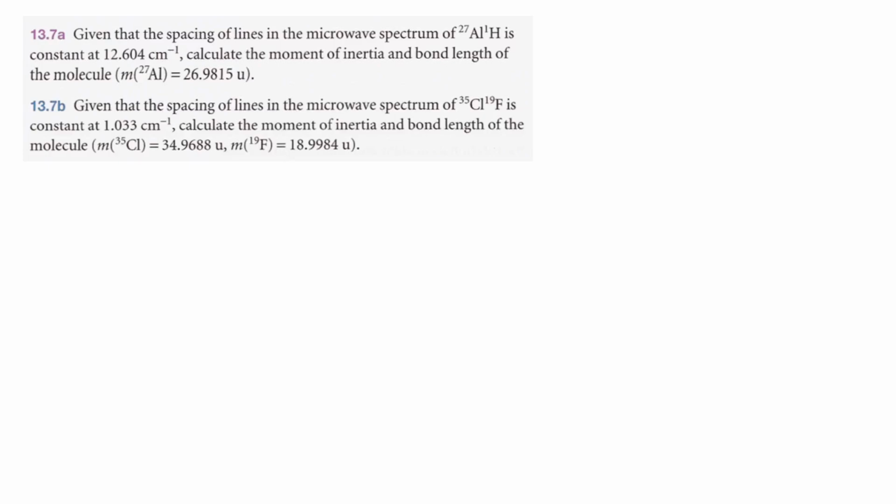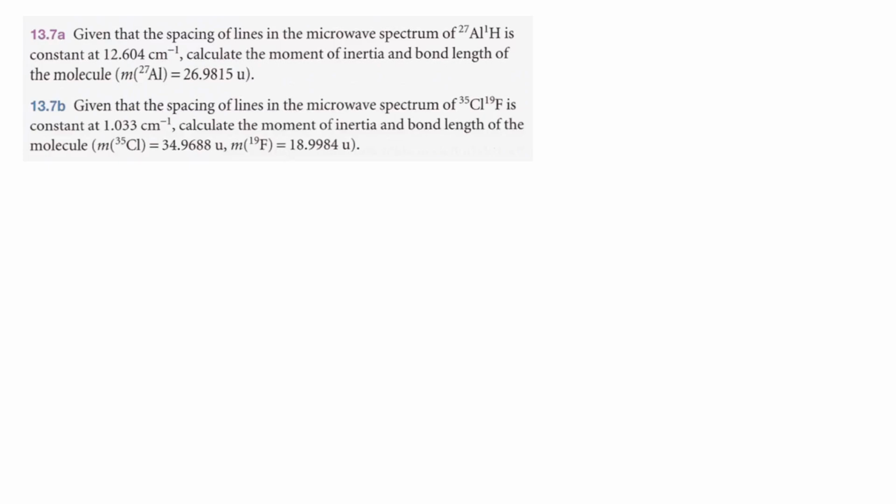Did you hear about this molecule earlier, or are you seeing this aluminium hydride for the first time? Have you heard of this kind of molecule? No. No, right? I also haven't.